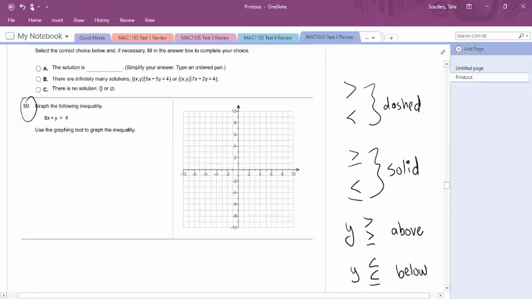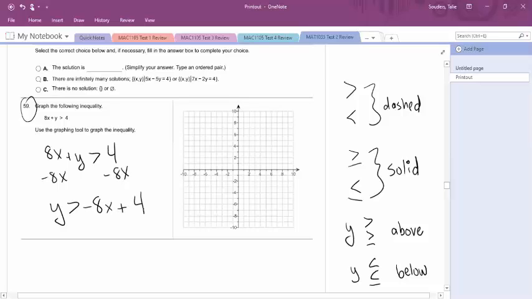So let's try to get the y by itself here. How would you get the y by itself in number 59? Subtract 8x. Good. So now we have y is greater than negative 8x plus 4. So we've talked about this already, right?